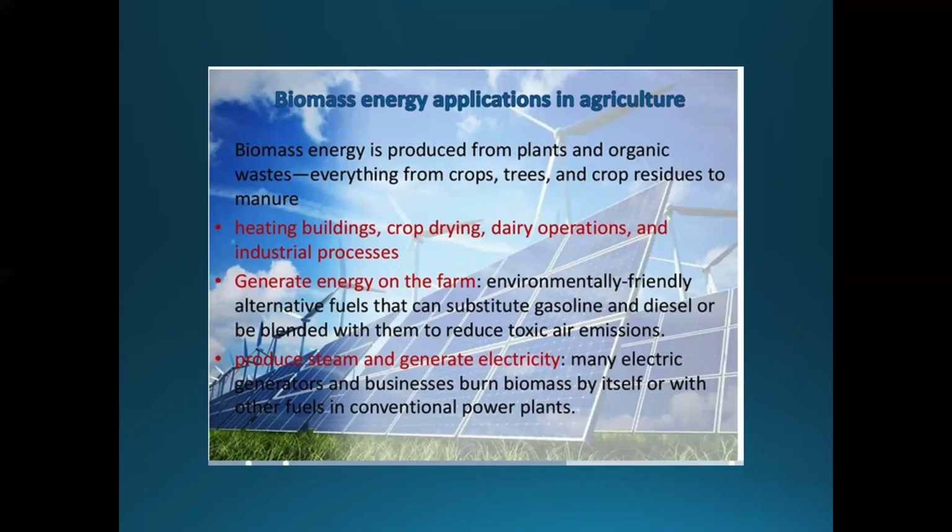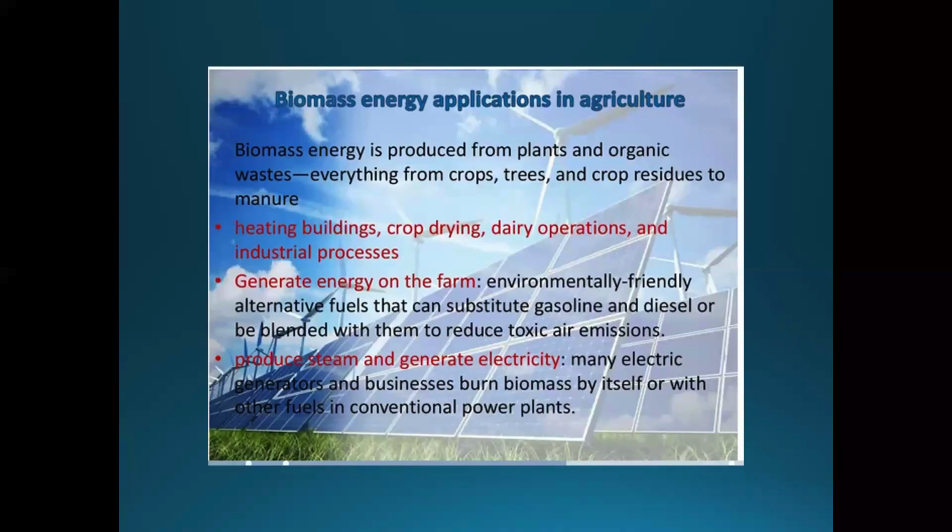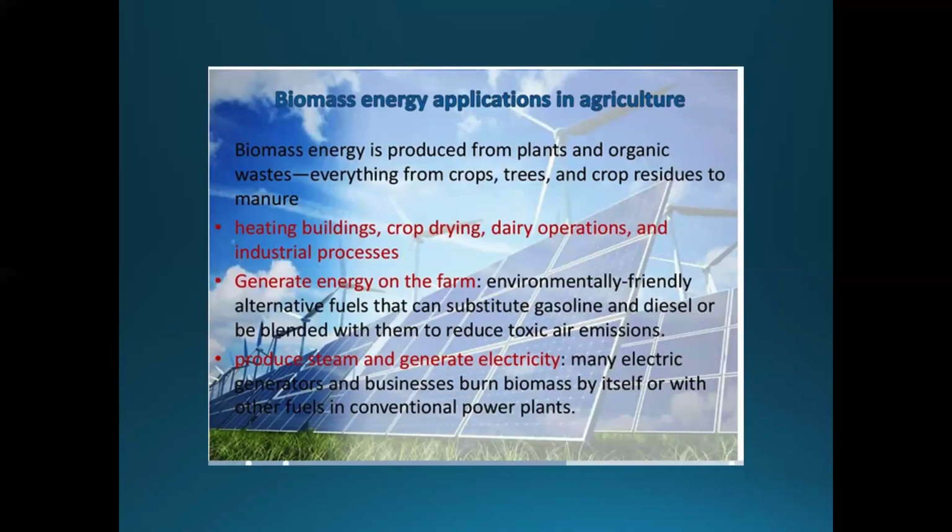So biogas contains almost 55 to 65 percentage of methane, then 30 to 40 percentage of carbon dioxide. And then we will have some little traces of hydrogen, nitrogen, hydrogen sulfide. So there will be hardly 1 or 2%. Okay.